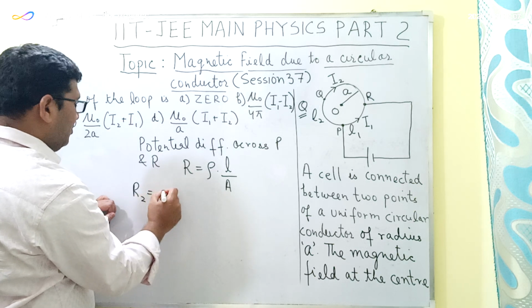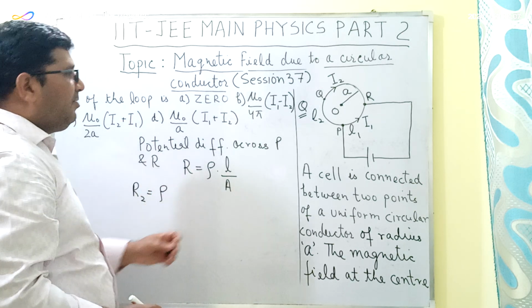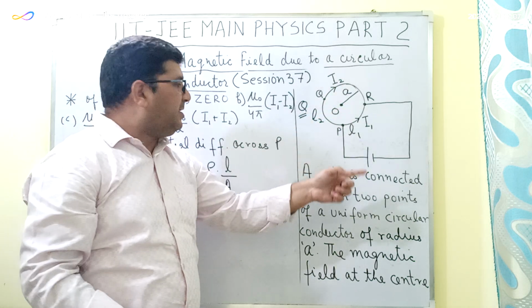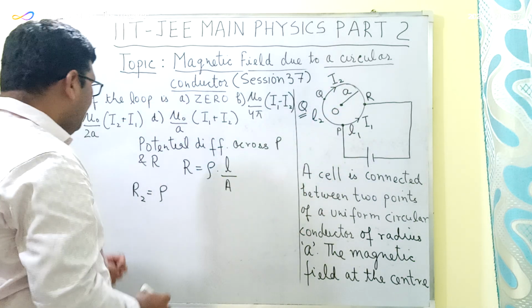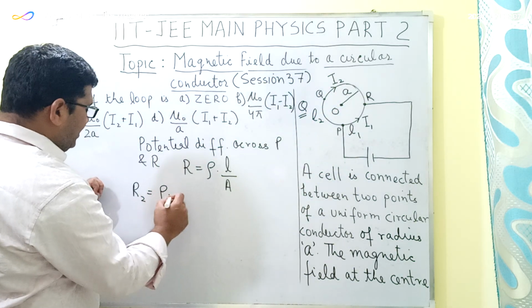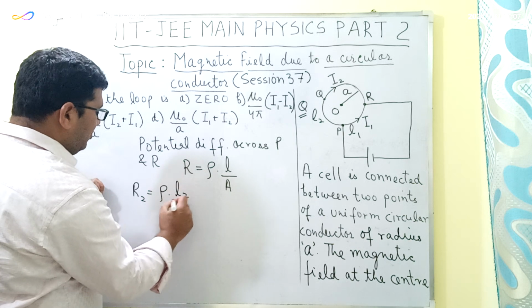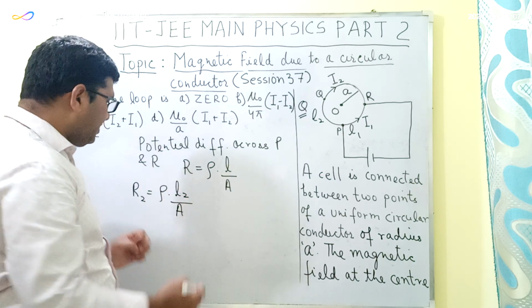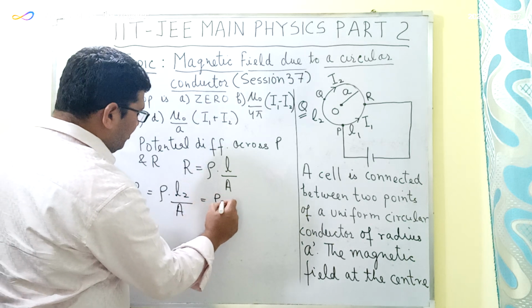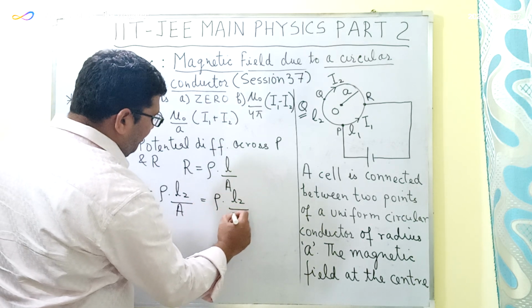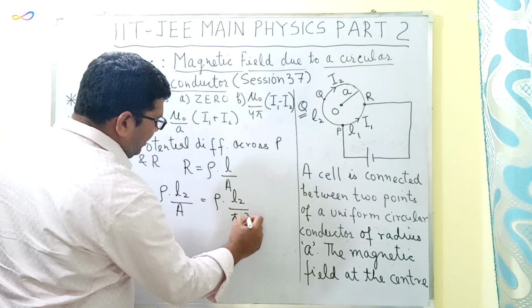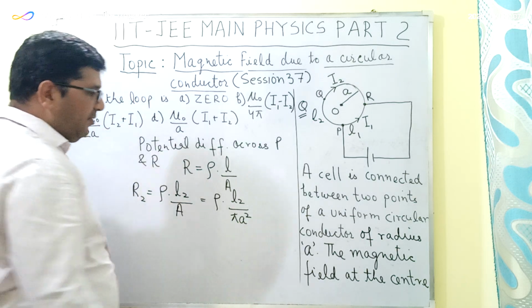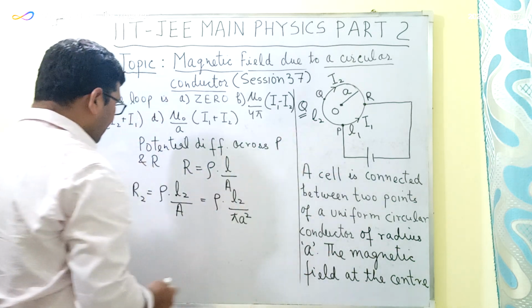The resistivity of this material will be the same for both arcs, so this can be written as rho L2 divided by the area of cross section. The area of cross section remains the same, so R2 is equal to rho into L2 divided by pi A square, where A is the radius of this conductor.